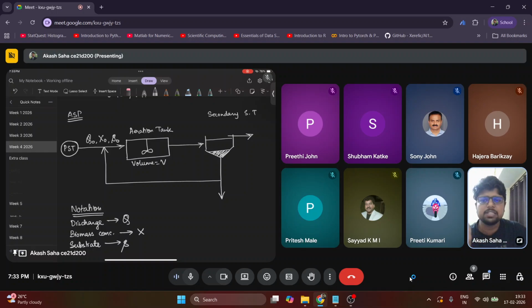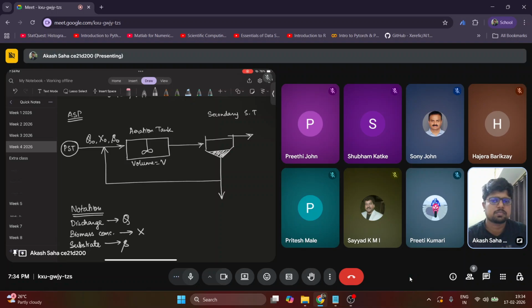So this is the initial thing that is coming into the aeration tank from the primary sedimentation tank. Now in the aeration tank, what will happen? Will this X naught, the bacterial concentration, increase or decrease?